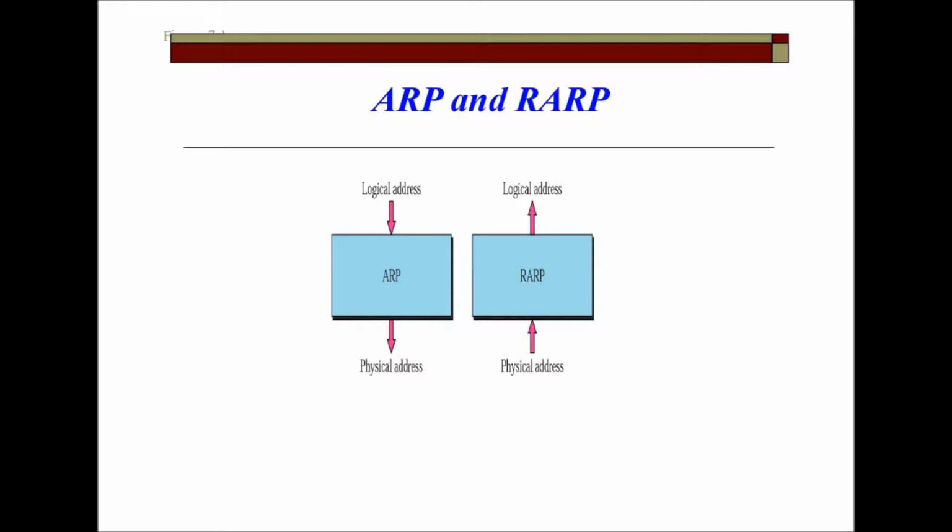Public addresses are those which can be used by anyone, and these addresses are free of cost. You can use these addresses in a local area network. And next, private addresses. These addresses are purchased from an organization. Like when we use the internet, we have to pay an internet service provider. So these addresses are purchased from that internet service provider company.